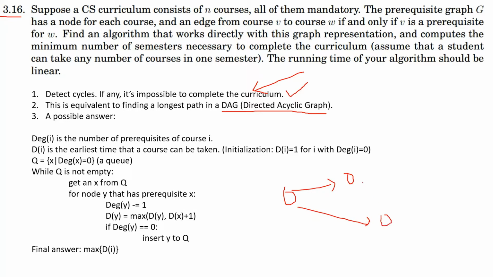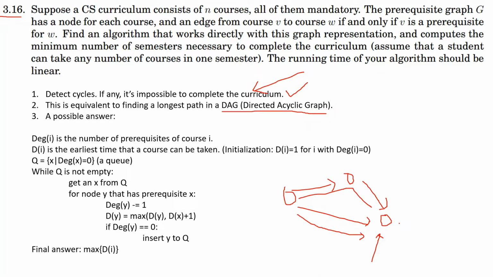So what we need to do is to find the longest path here, and that's the number of semesters you need to complete the curriculum. Because, for example, for this node, it has two paths. One is this one, and one is this one.